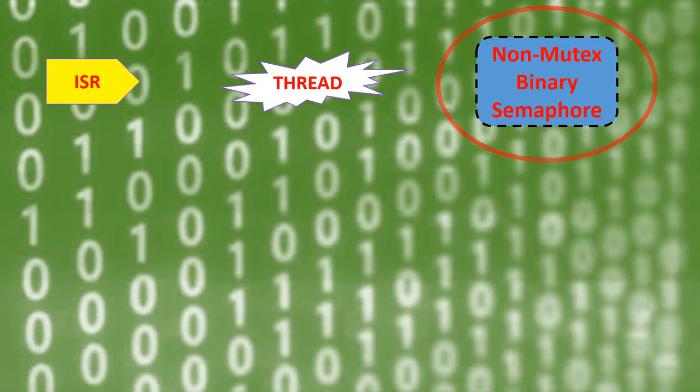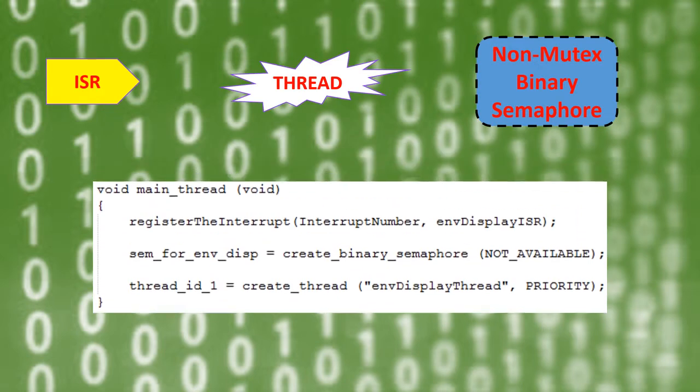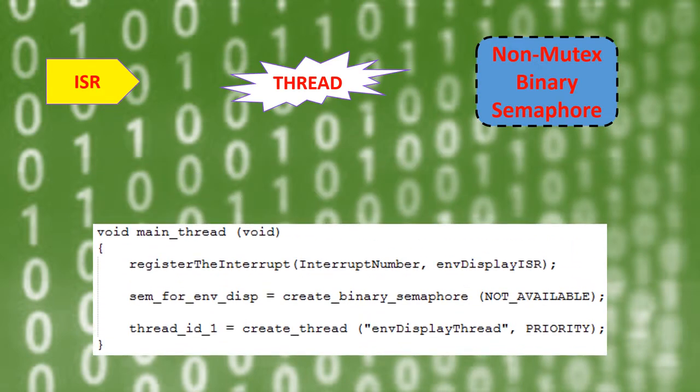Okay, so now consider this piece of code. First of all, the main thread or main task registers the interrupt for the input device, that is a keypad in this example. Any real-time operating system provides such an API, or function, to register a hardware interrupt. We have talked about APIs earlier: application programming interface, services provided by the RTOS.